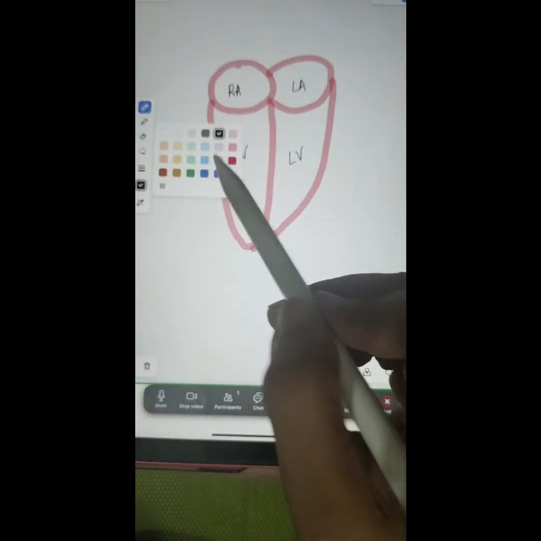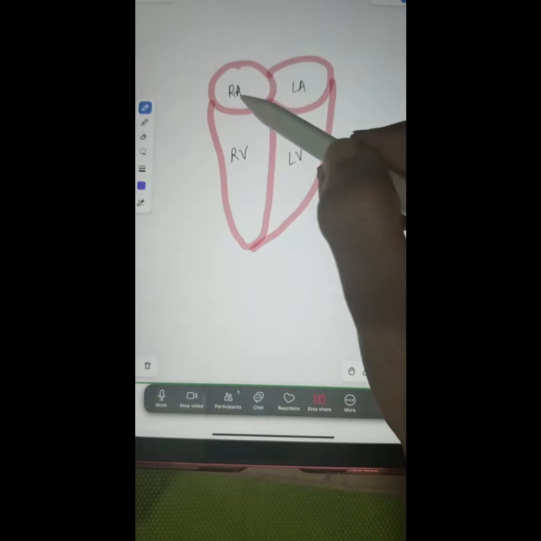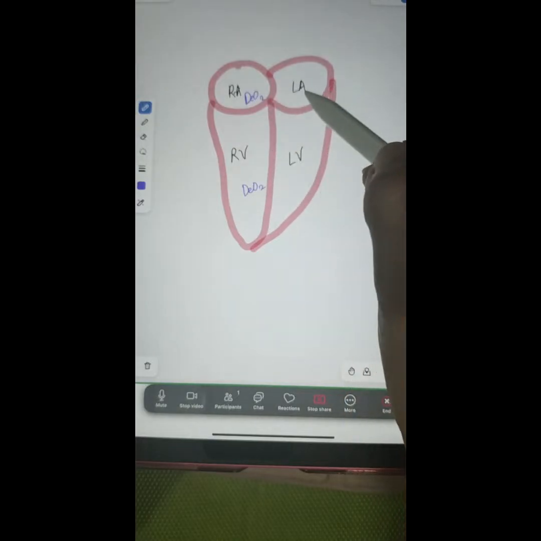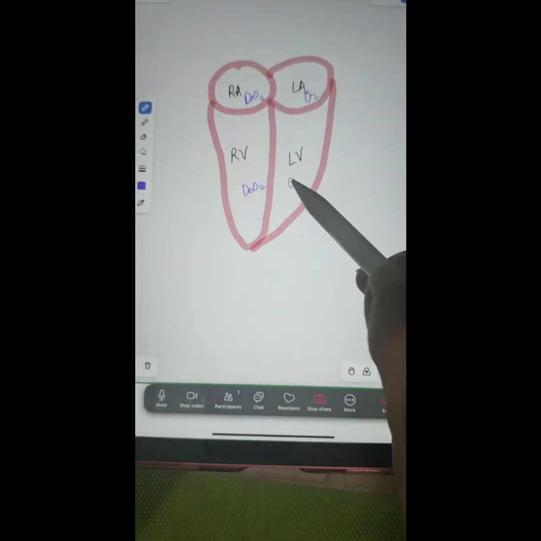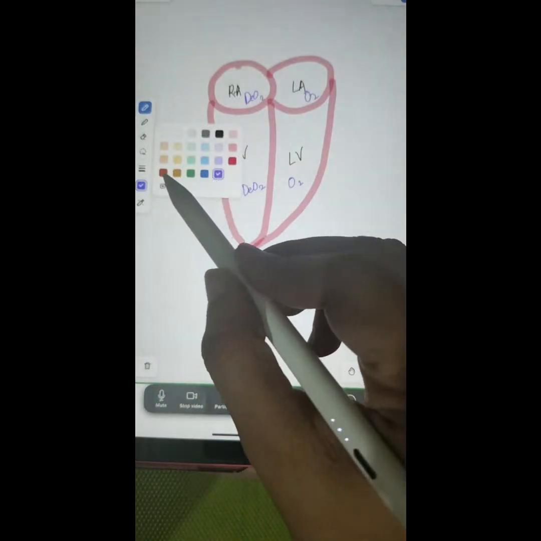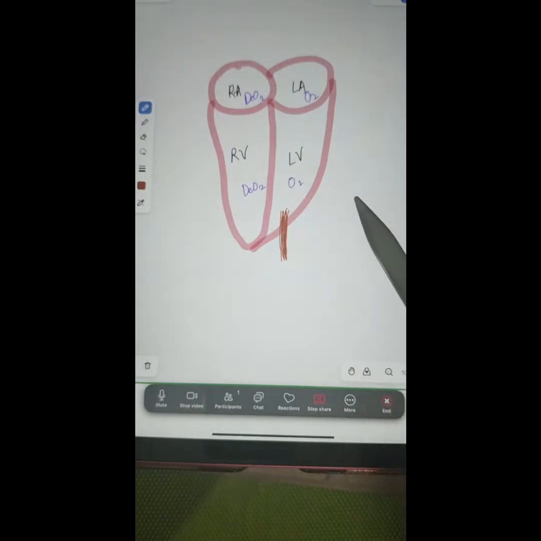Now we need to know the names of all the blood vessels. So first, we know that the blood is going to be deoxygenated here. Here it is going to be oxygenated, and here it is going to be oxygenated. Always remember that aorta is connected beneath the left ventricle, okay?